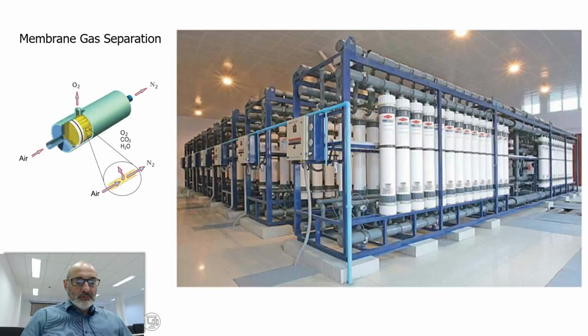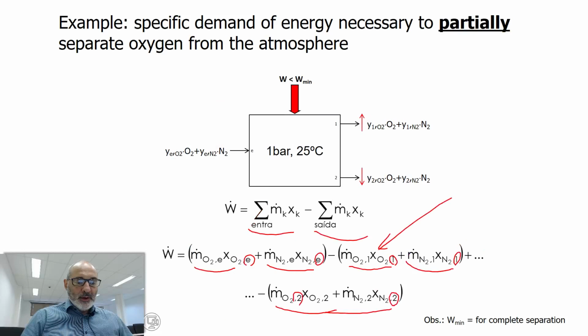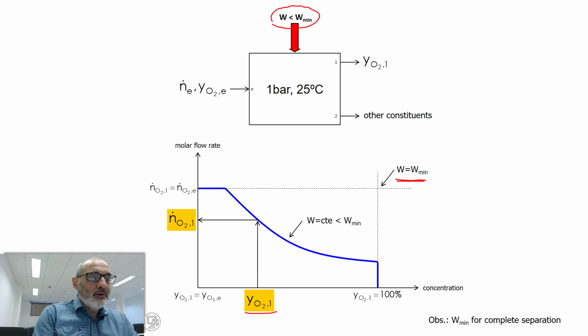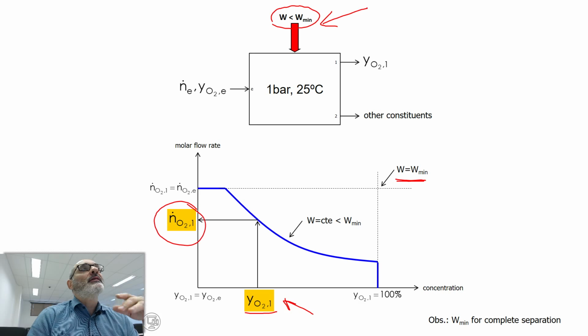So I'm going to impose the oxygen concentration, and I'm going to impose a certain amount of injected work smaller than the minimum for complete separation. And the idea is to calculate, if I fix this, what I get.